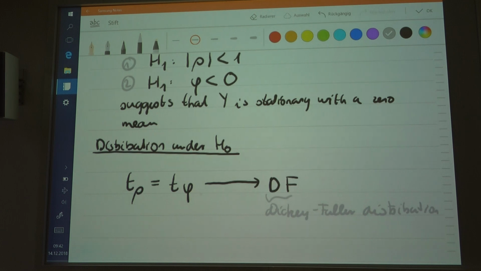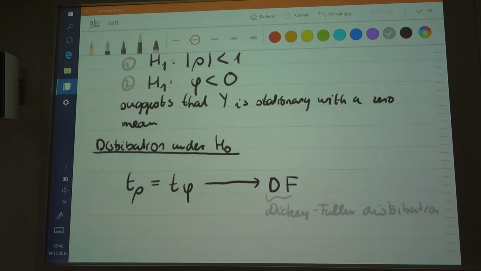This is a special distribution again, and it's not similar to the normal distribution. If you take the standard normal distribution and shift it to the left, you're going to get something like that. So the shifted normal distribution will be the Dickey-Fuller distribution if you use the critical values for that.